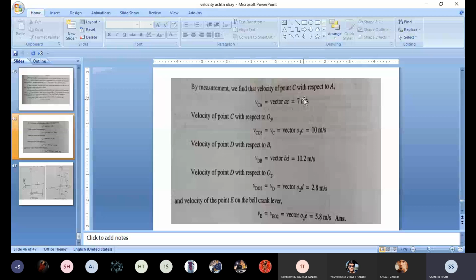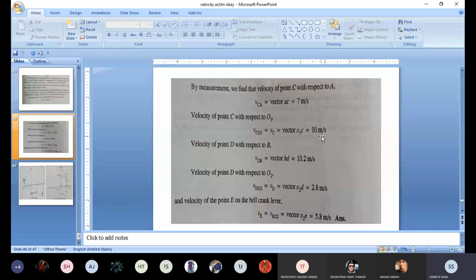Radial part of CO3 is V square CO3 by O3C. We know VCO3 is 10, so 10 square by 0.2, the length of O3C. So we are getting the answer 500 meter per second square.